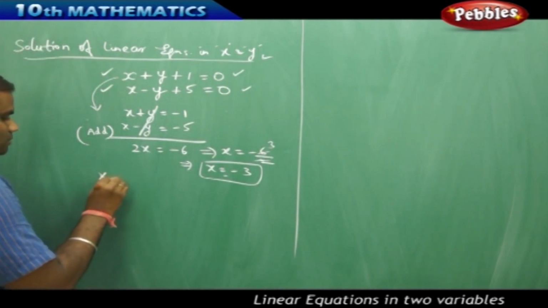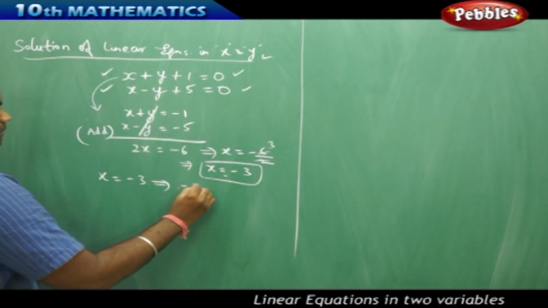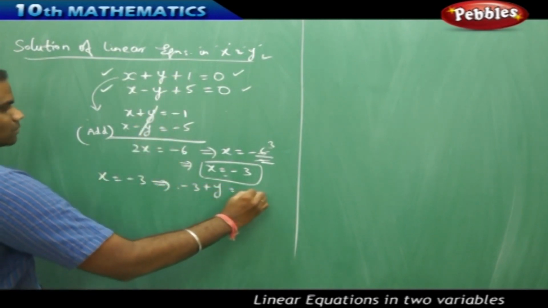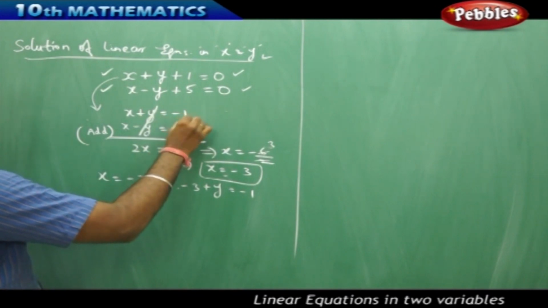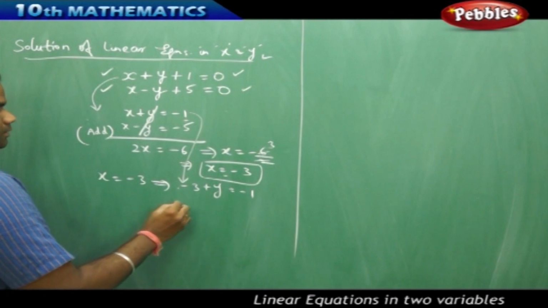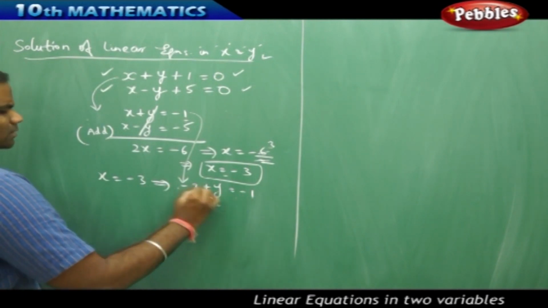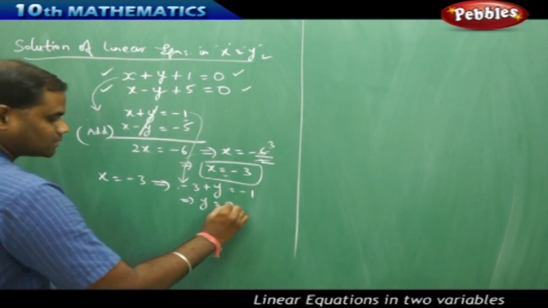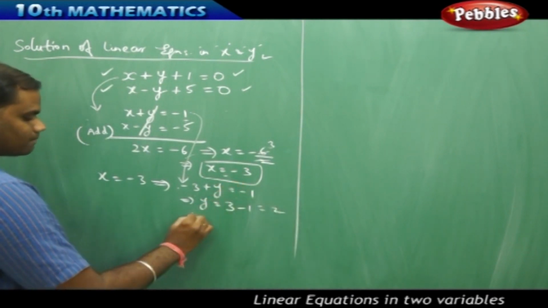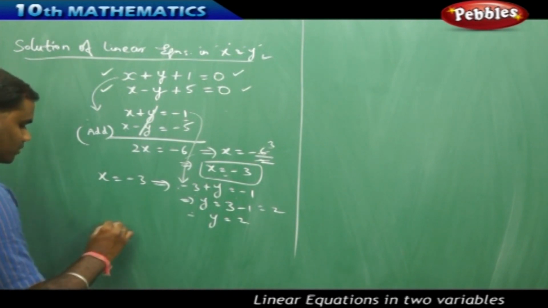So when I take x equal to minus 3, in one of the equations I get minus 3 plus y is equal to minus 1. That implies y is minus 1 plus 3, which is 2. Therefore y is equal to 2, and finally I get the solution.